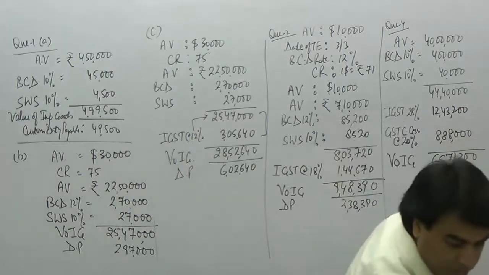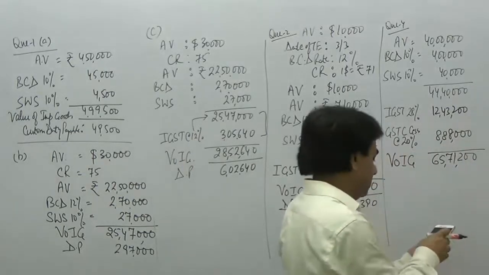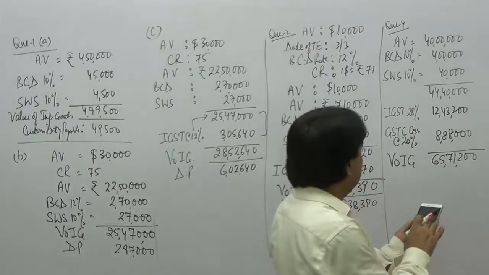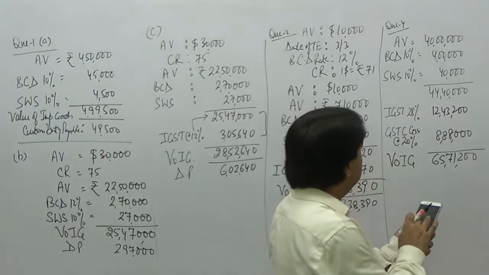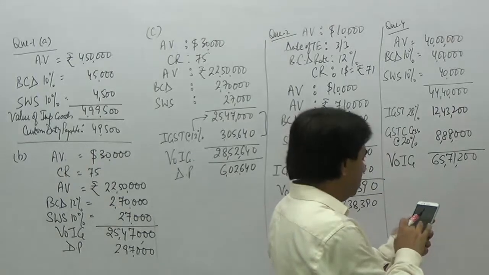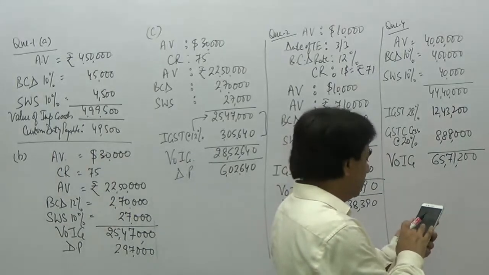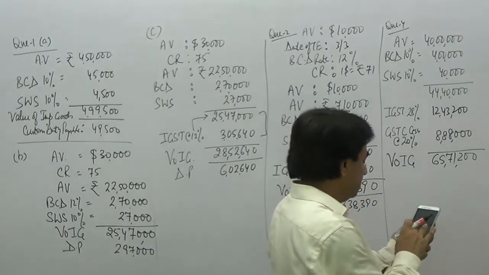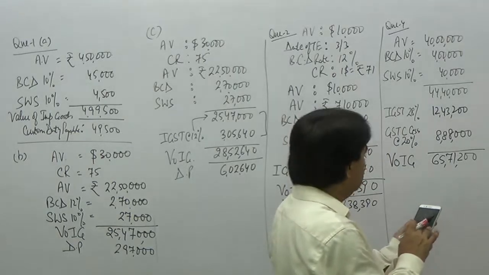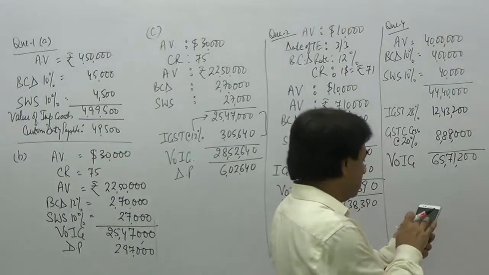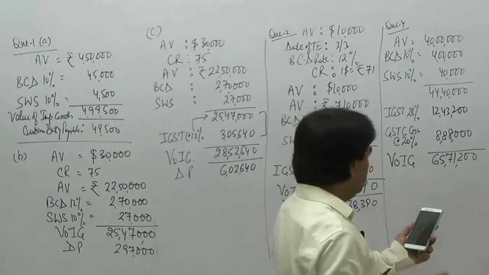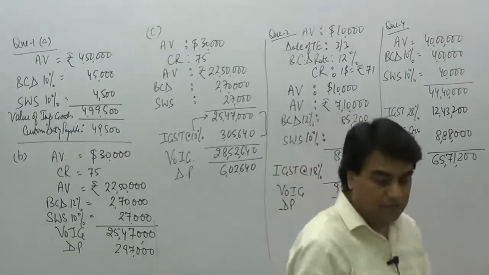Let me cross check it. 44,40,000 plus the rest, yes, 65,71,200.